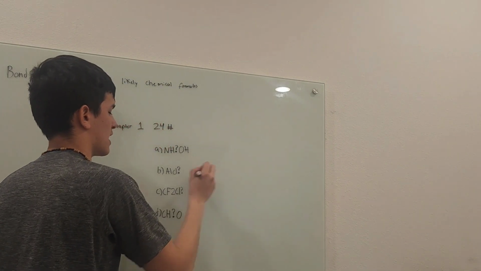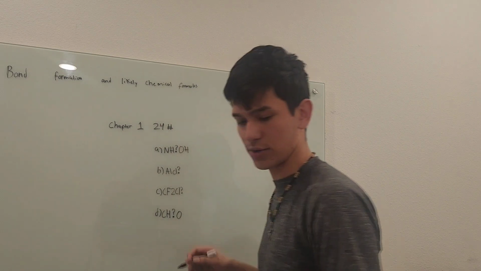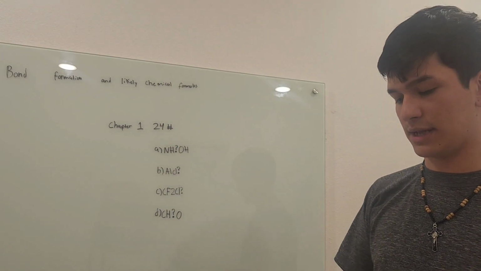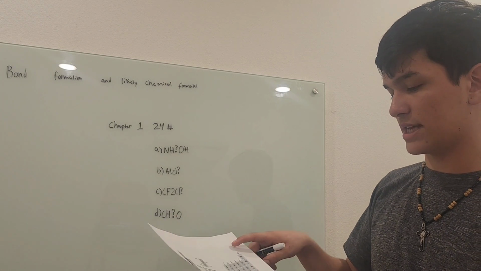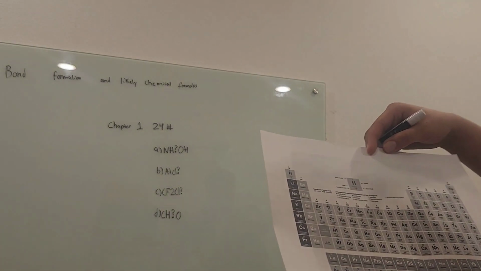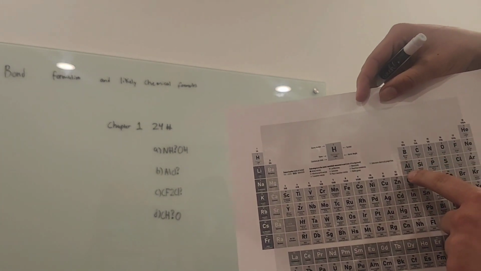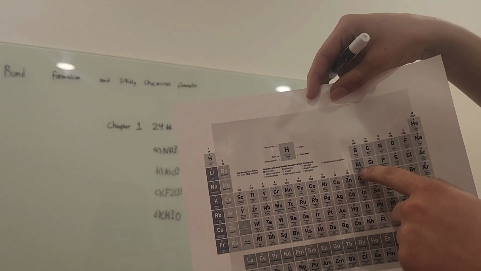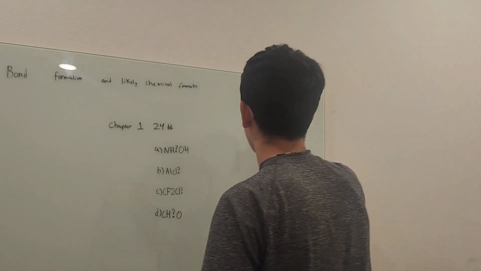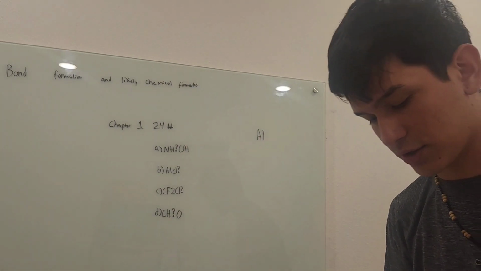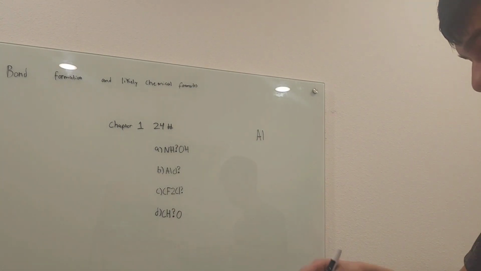So for aluminum and chlorine, if you remember where aluminum is, you can just go to the periodic table and try to find aluminum. It's next to boron, in the same column as boron, so it likes to make 3 bonds. And where is chlorine? Does chlorine like a double bond? Does chlorine like 1 bond?